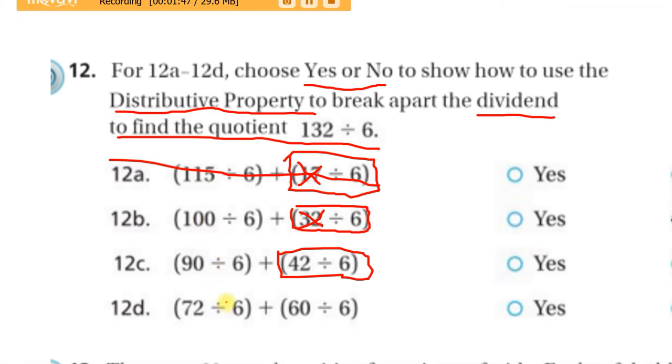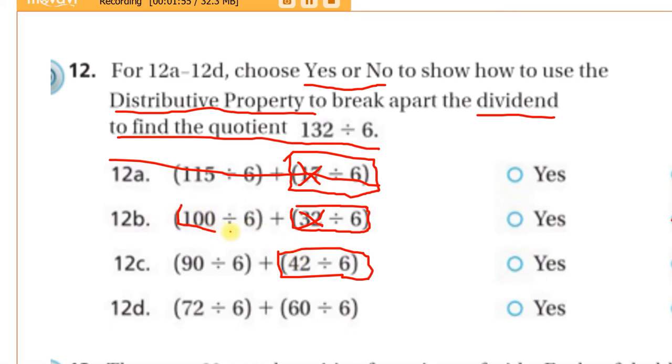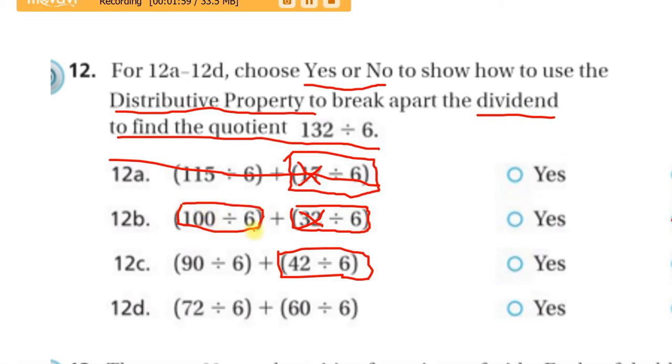The reason I'm choosing it is because it has a smaller number to work with. That's the only reason. I could have chosen this side and checked it to see if 6 would go into 100 evenly, but that's going to take me a lot longer to check. So if you're wondering why does he keep checking this side, I'm checking that side because it gives me the smaller number to work with.